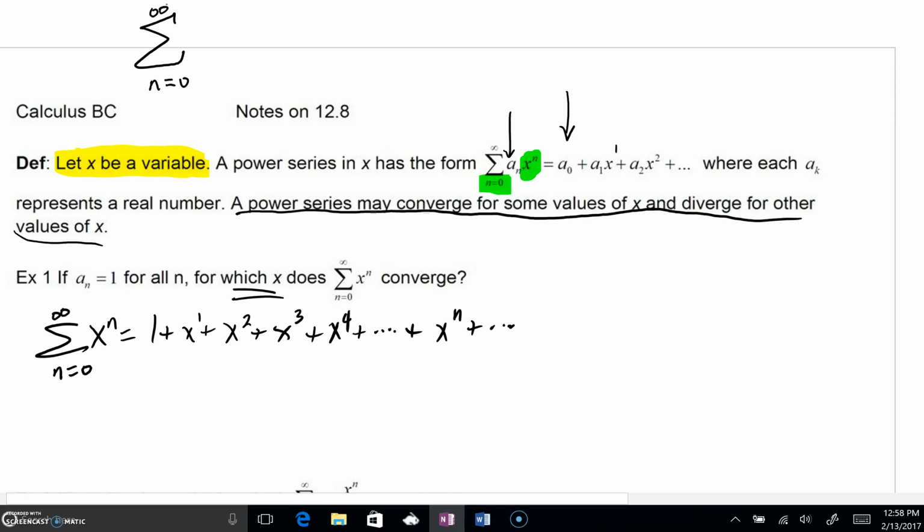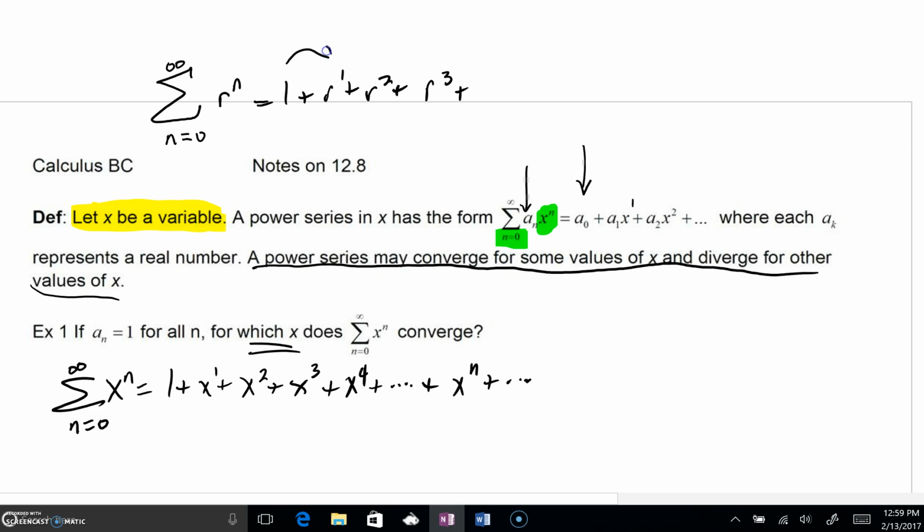What if instead of x, I call it r? You get 1 plus r to the first plus r to the second plus r to the third. Wait a minute. This series is a geometric series. By the way, so is the one with x in it. Every time I'm going from term to term, I'm multiplying by r.